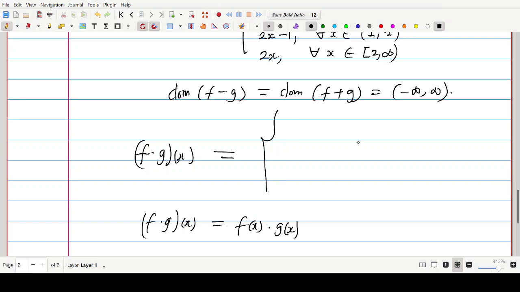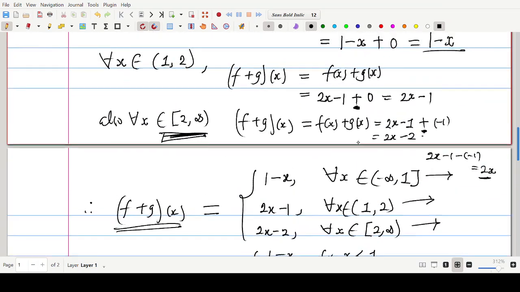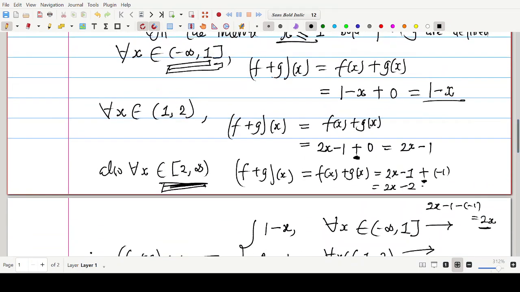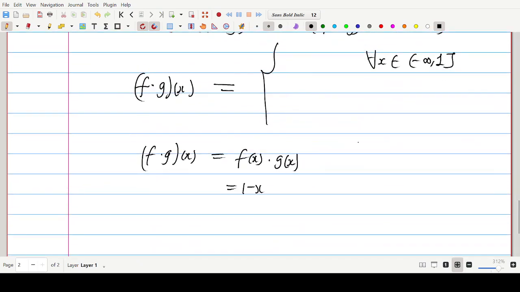Now, don't forget, the first domain we considered was all x coming from minus infinity to 1 inclusive, all right? Now, what was f of x in this domain? f of x was obtained to be, let's go back again, this expression 1 minus x. Can you see that? And g of x is 0. So in this case, we shall be having 1 minus x times 0, and that will give us 0. So I can put 0 here as the first value.